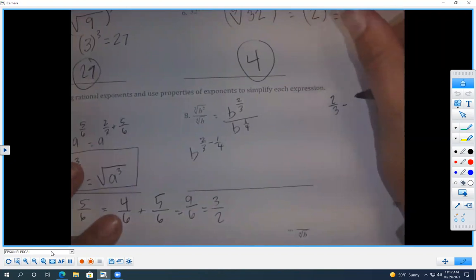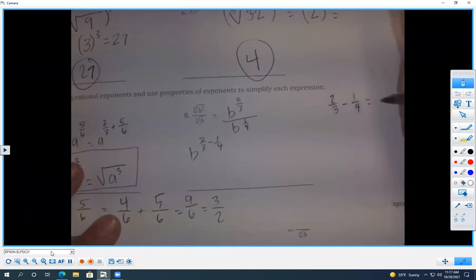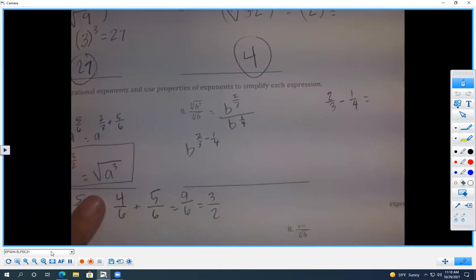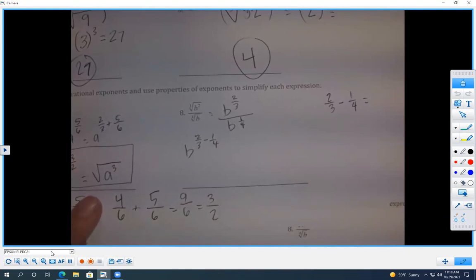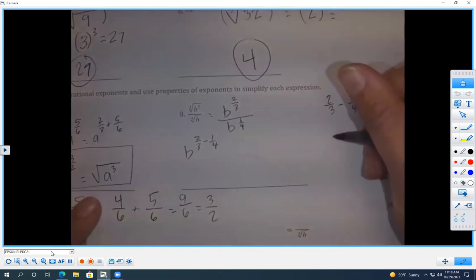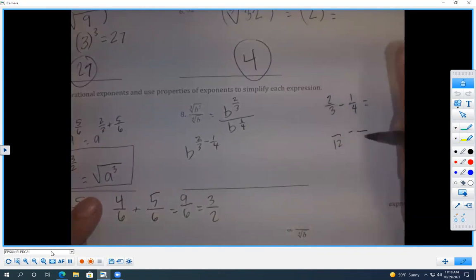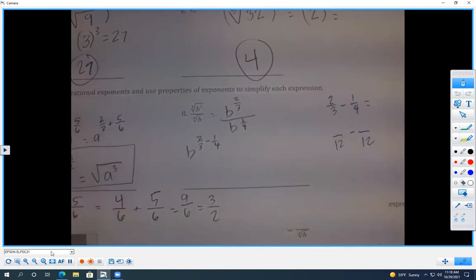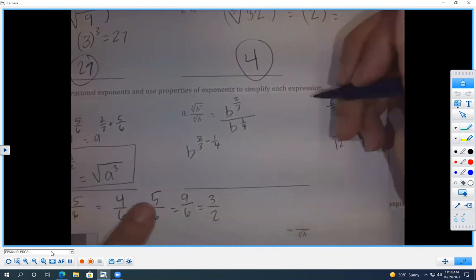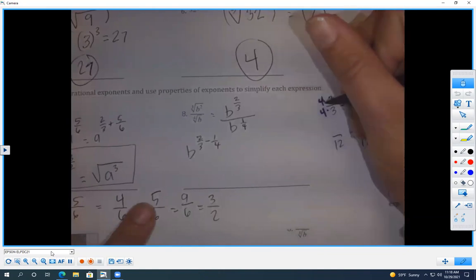If I want to do 2/3 minus 1/4, I need to change that into fractions that have a common denominator of what? Of 12, yeah. So they both need to turn into a 12. The way I turn a 3 into a 12 is by multiplying it by 4.